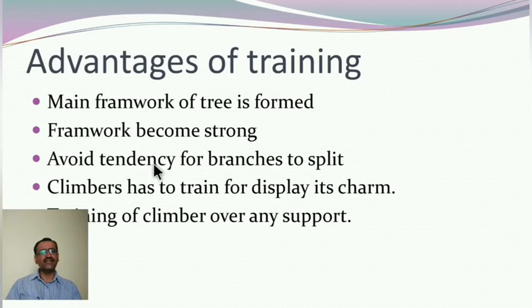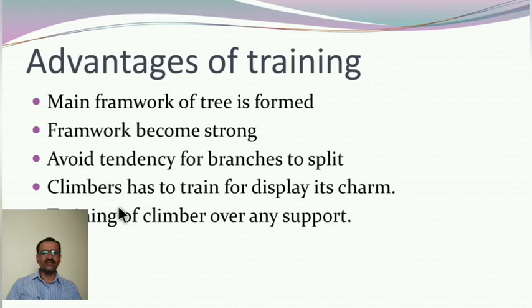This can be largely avoided by careful training of main branches. Healing in some cases is difficult, and when we train the plant in the desired manner, it can be avoided.